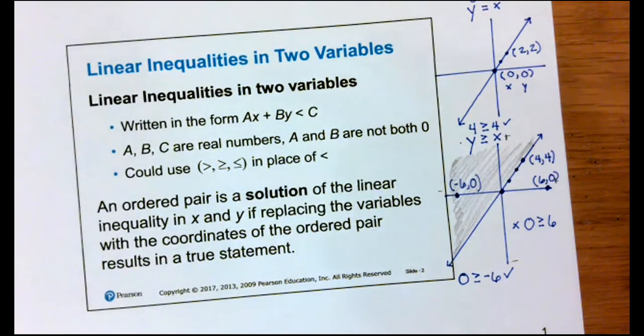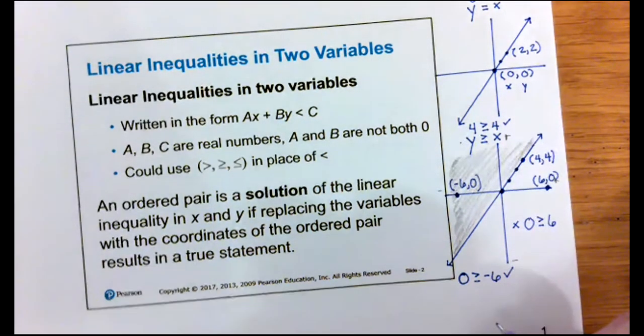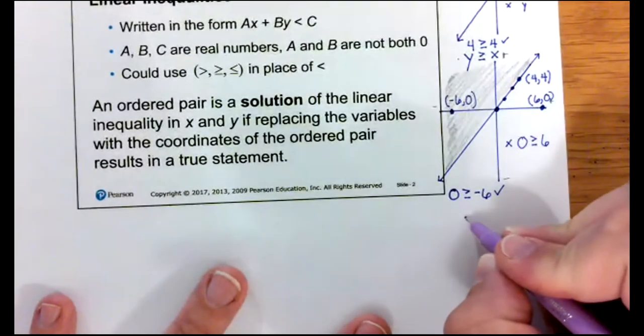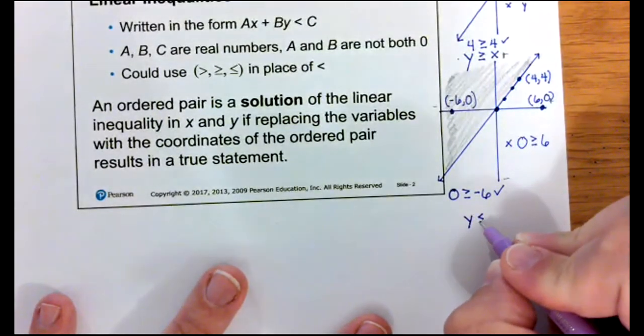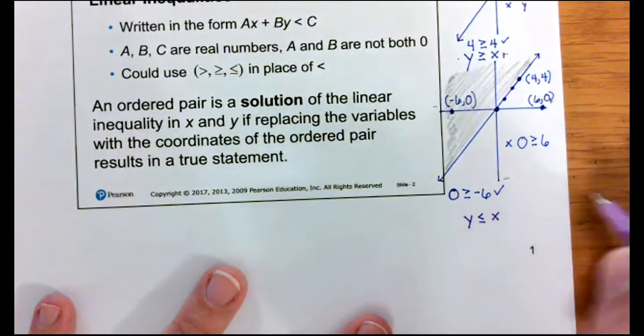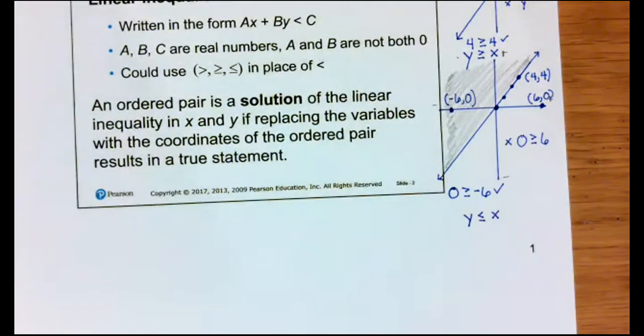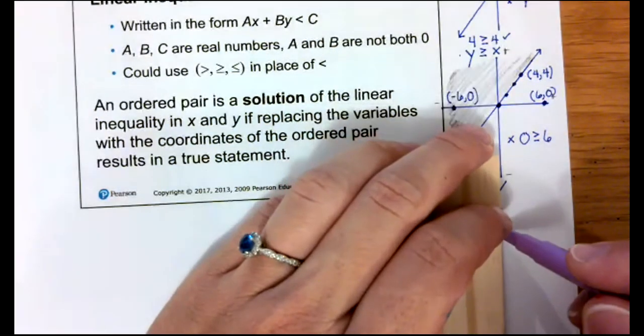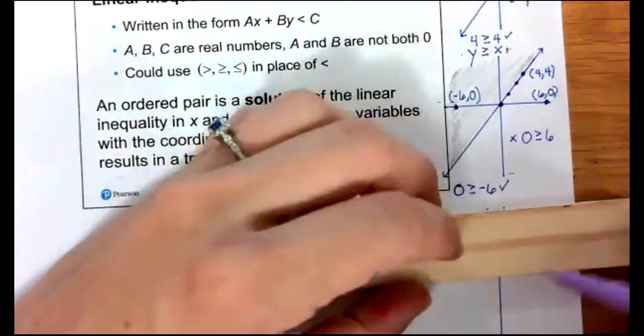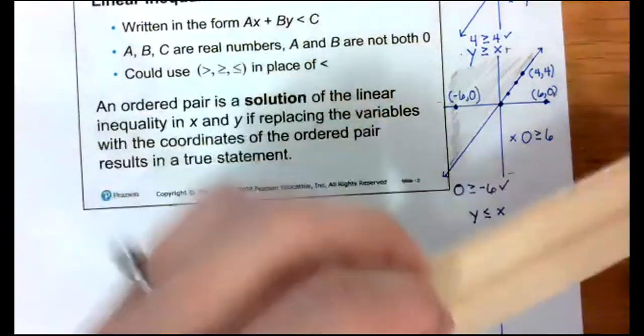If it was y is less than or equal to x? Same line.